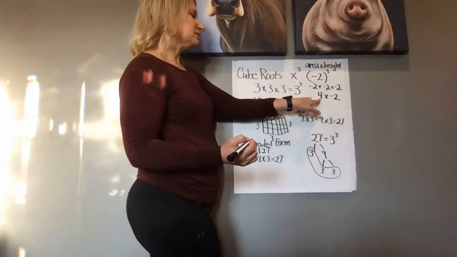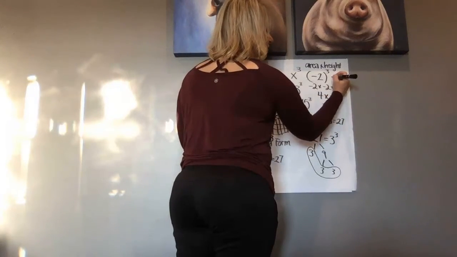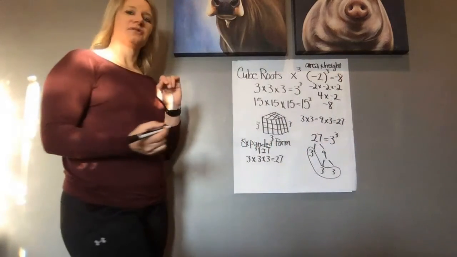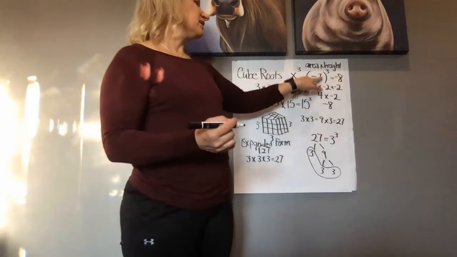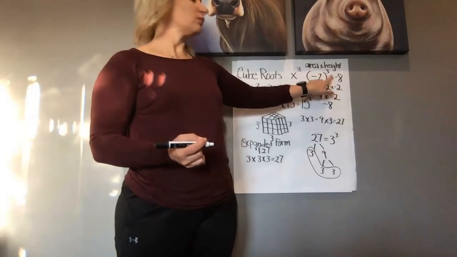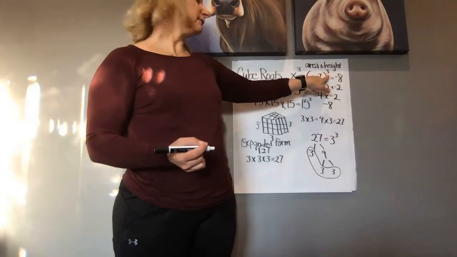So +4 times a -2 gives us a -8. So we have a -2 cubed. We get a -8 for an answer. So if this number here is negative, you should end up with a negative number when you cube. Only when you cube. Okay?